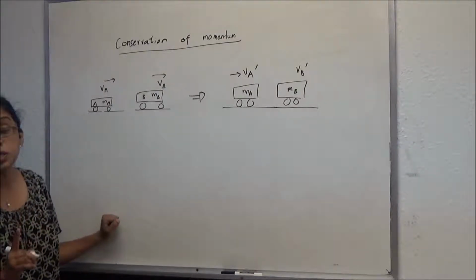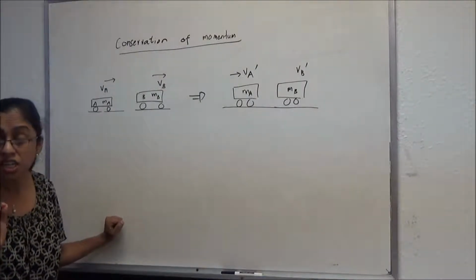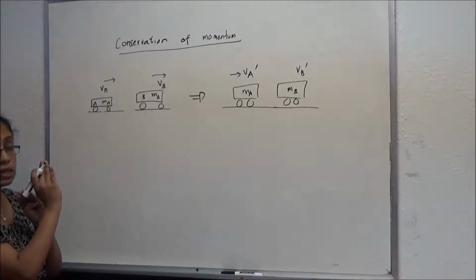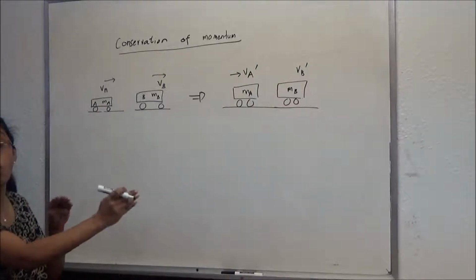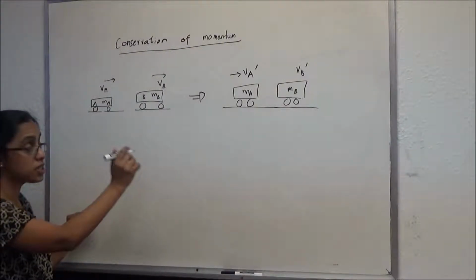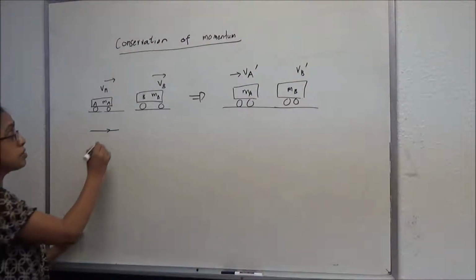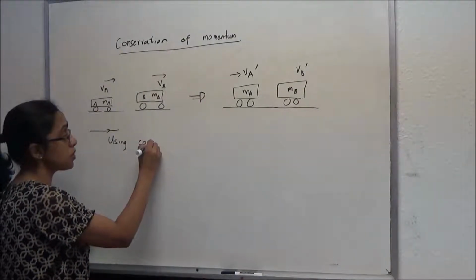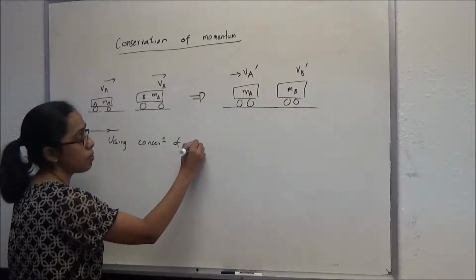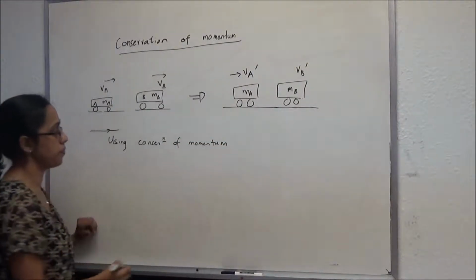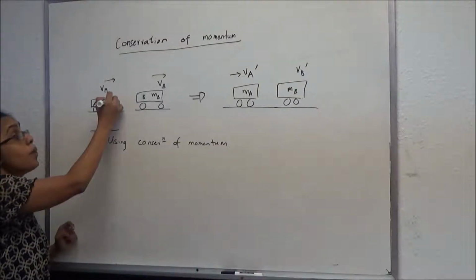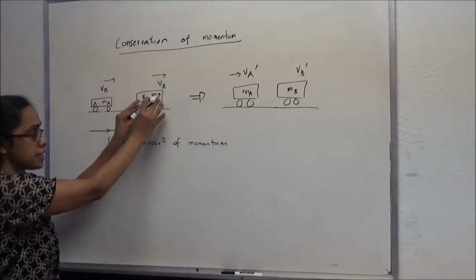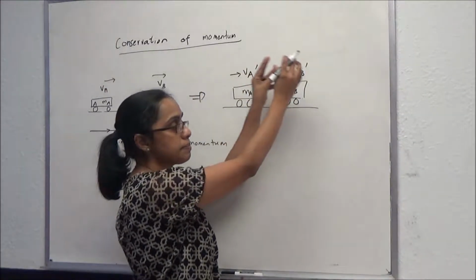So I say, in conservation of momentum, you need to take a direction. All the trolleys or all the vehicles are moving in the forward direction, so I'm taking this direction. Whenever you do a sum, you should write these terms. Using conservation of momentum, the momentum of this plus this is equal to the momentum of this plus this.